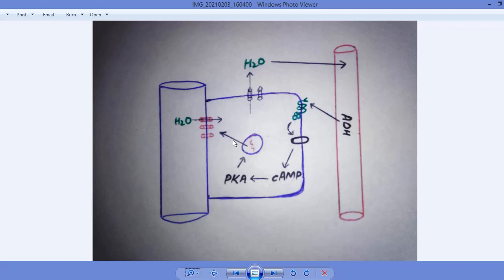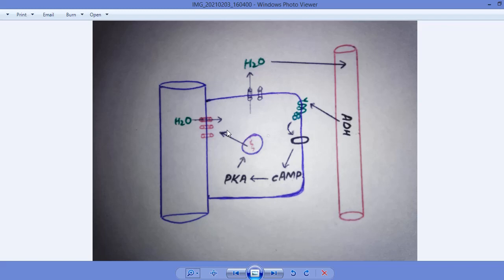And when this messenger RNA comes outside this nucleus, it will form some proteins, and those proteins will combine together to make some pores, to make some channels, and those channels are called aquaporin 2.